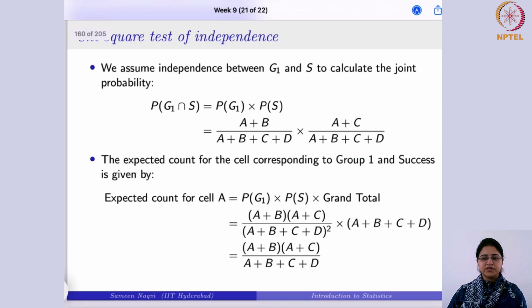Once you have multiplied them, you compute the expected count for that cell, cell A, which is the first row and first column. You multiply the joint probability by the grand total. Why are we doing that? Because we want to see how many observations you would expect in cell A if the two categories are independent.